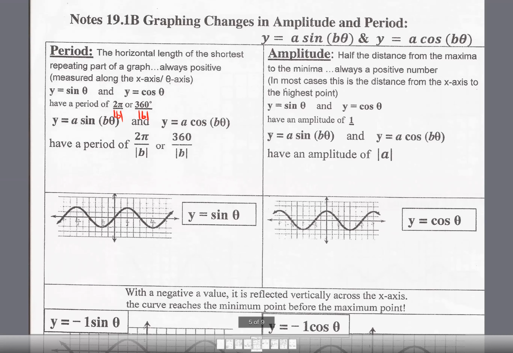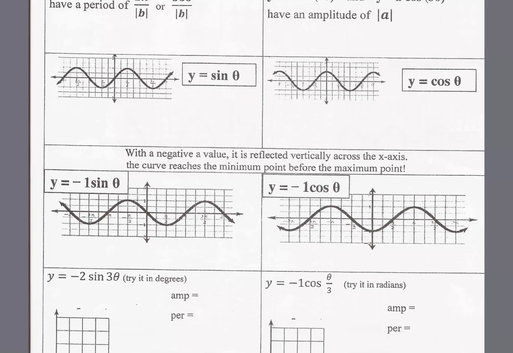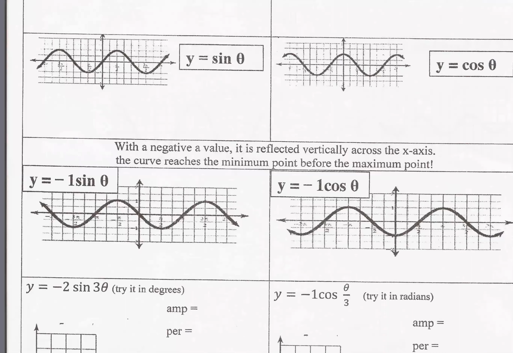Okay, so now going down, when a is negative, notice you have a reflection across the x-axis. So every max becomes a min, every min becomes a max. So for sine, you're still going to start out at a 0 when a is negative. But then instead of going up to the max, you're going to go down to the min, the lowest point.